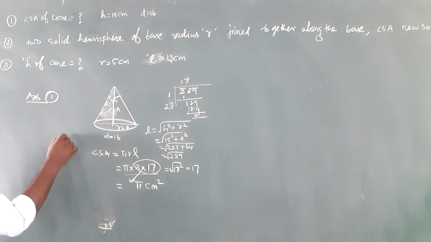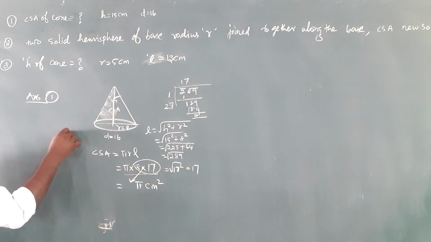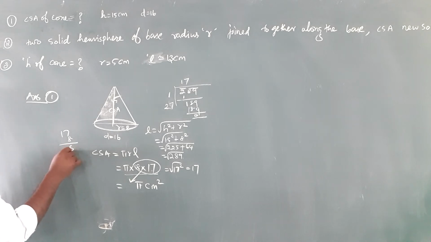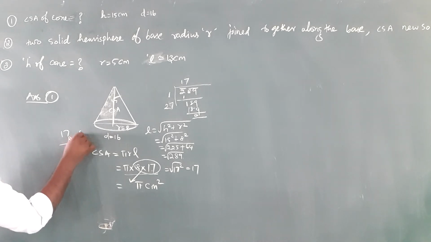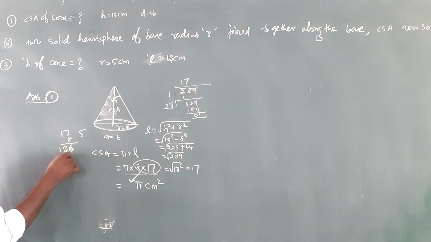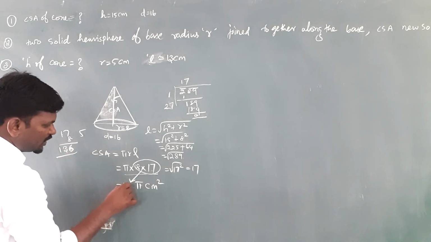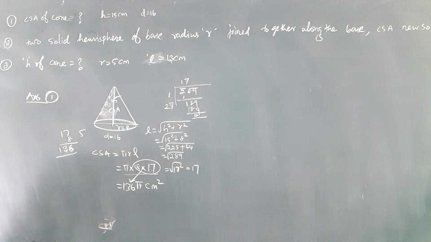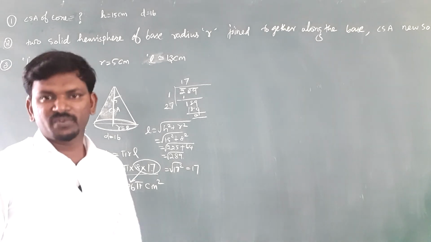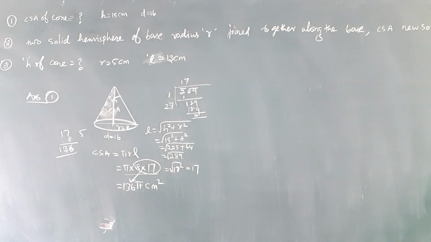So, 8 into 17, you will do it. 7 8s are 56, balance 5, 8 1s are 8, 8 plus 5, 13. 136 pi centimeter square. So, the answer for the first one is option 4, it is in your textbook.